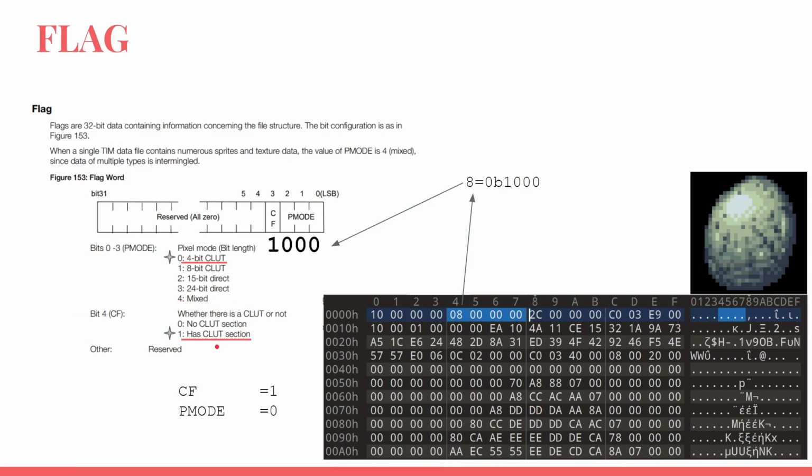Now you might be wondering, why do we need to manually specify if there's a color palette or not? Doesn't there have to be one for an indexed image, an image that's not direct color? Well, sort of. There sort of has to be one, but there doesn't need to be one within the TIM.